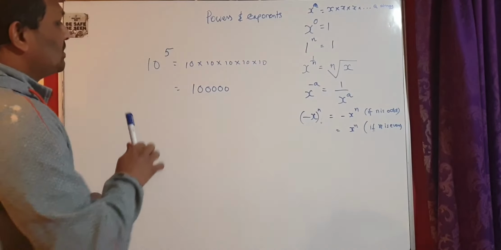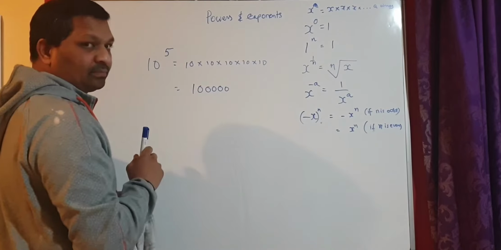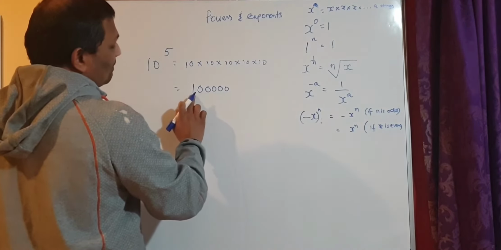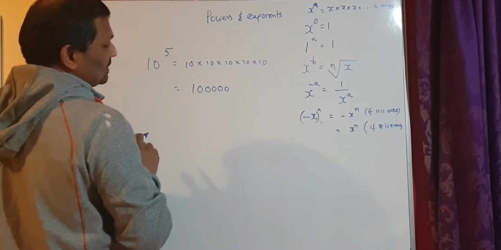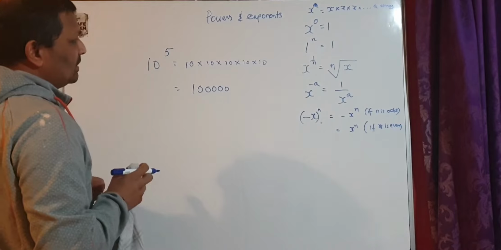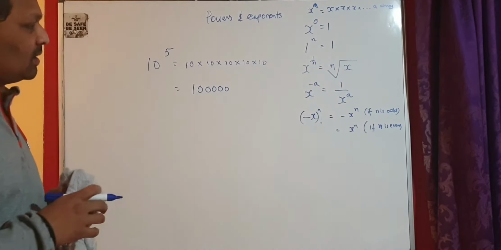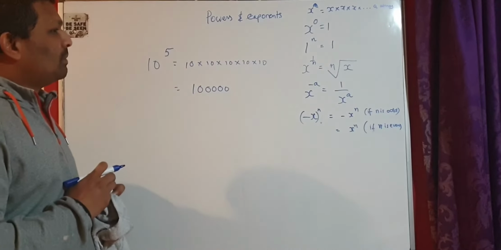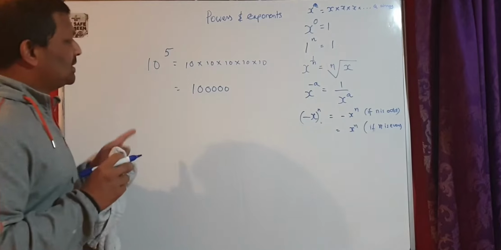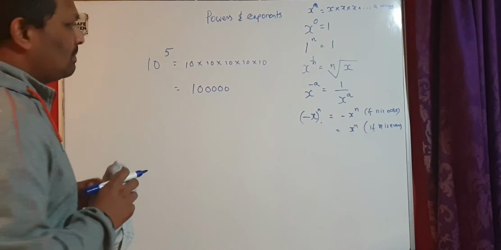It's important that it's not 5 zeros after 10, it's 5 zeros after 1. So 10 to the power of 5 is 1 followed by 5 zeros. This is another very famous one which you really need when you convert numbers into scientific notation, wherein we always deal with 10 to the power of some power.